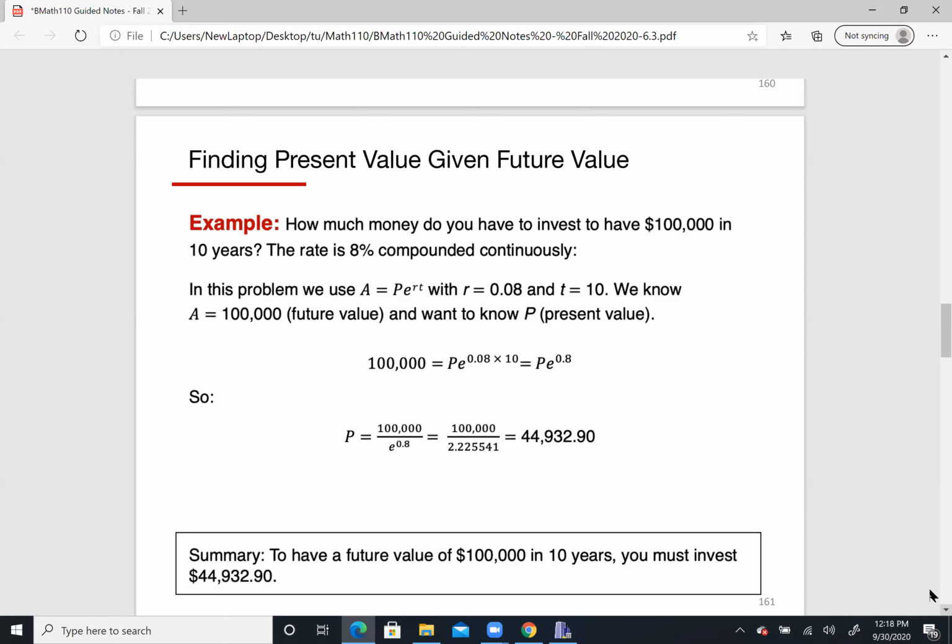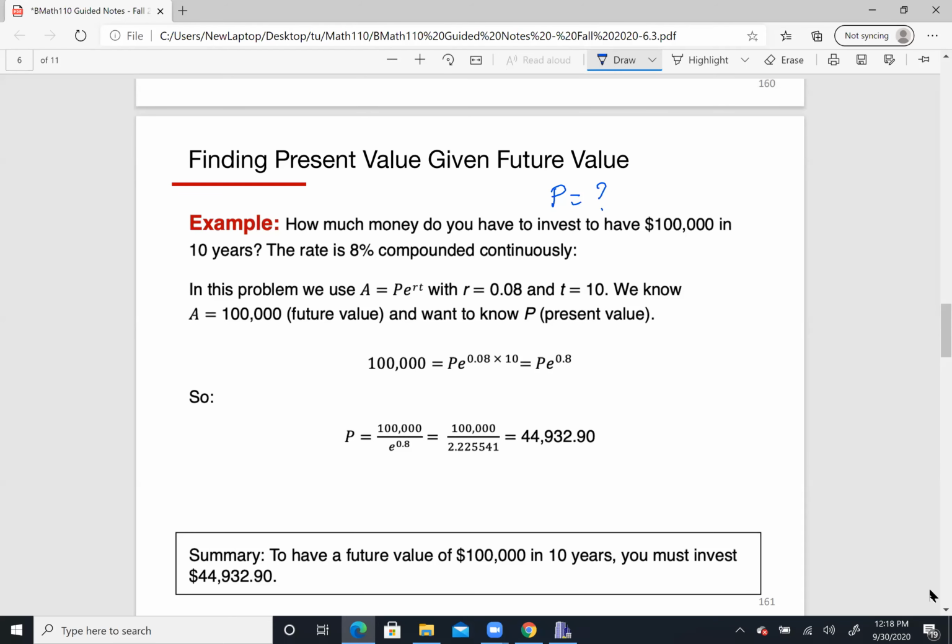So please focus on this. How much money do you have to invest to have 100,000 in 10 years? So now you're actually looking for P, right?